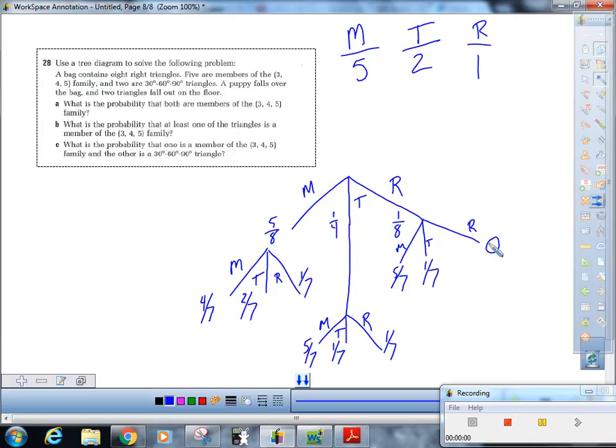Okay, so we got our tree. What is the probability that both are members of the 3, 4, 5 family? Now, I can tell you, you do not need a tree to do this as long as you know conditional probability, or as long as you just know the rule of multiplication. What's the probability of selecting a Michael Jackson on the first one? 5/8.